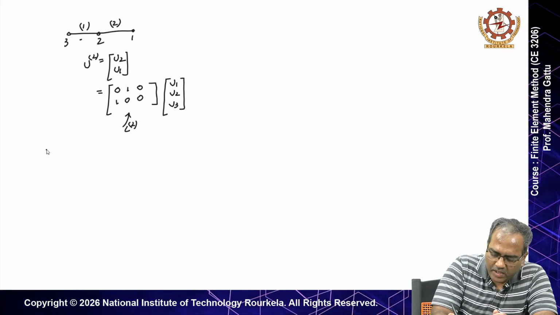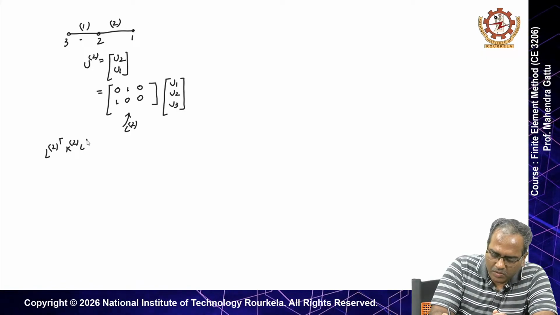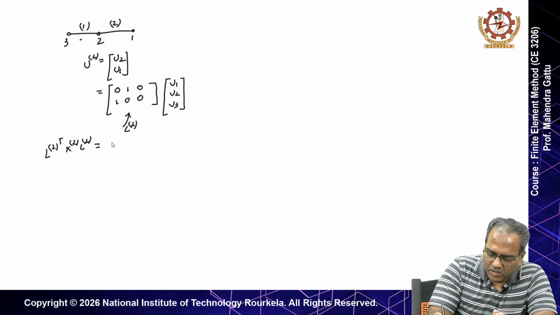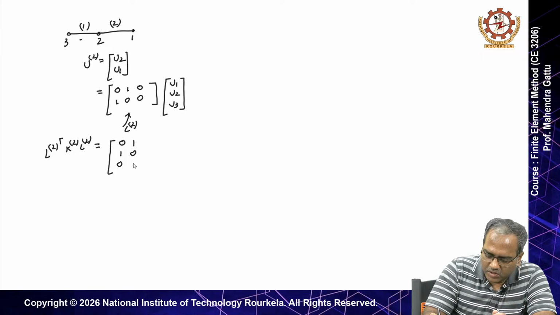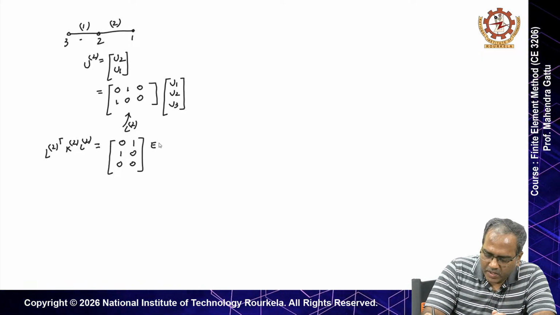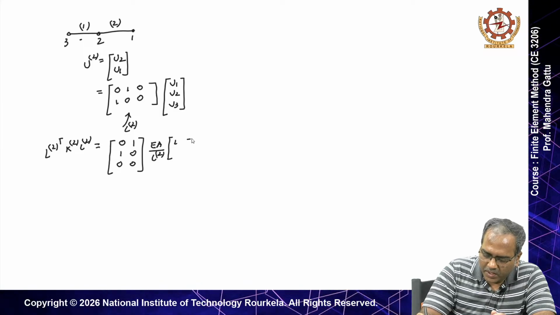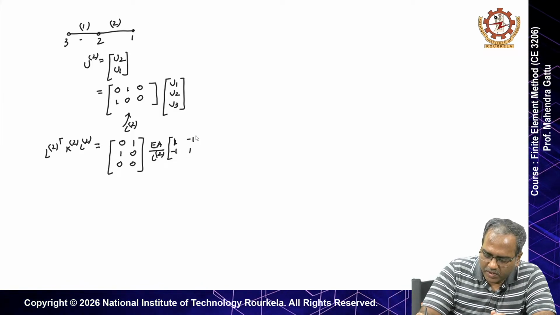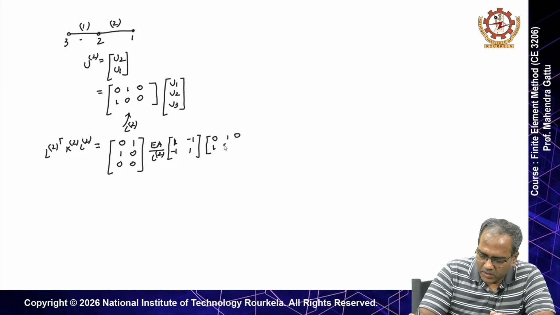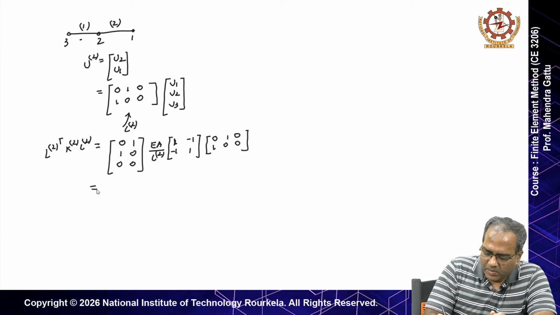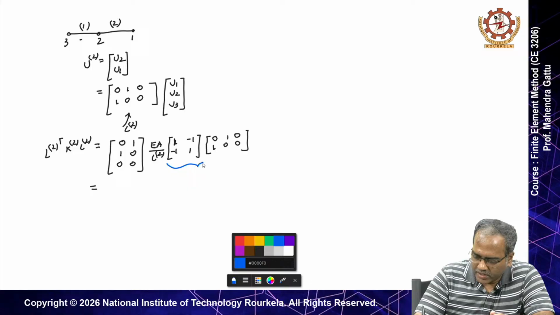Okay. So, let us calculate L2 transpose K2 L2. This will be [0, 1, 0; 1, 0, 0], and K2 will be EA by L2 times [1, minus 1; minus 1, 1], and L2 is again [0, 1, 0; 1, 0, 0]. Let us do the multiplication of the first two terms as we did in the earlier case.